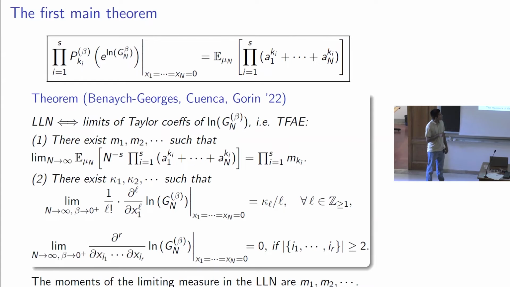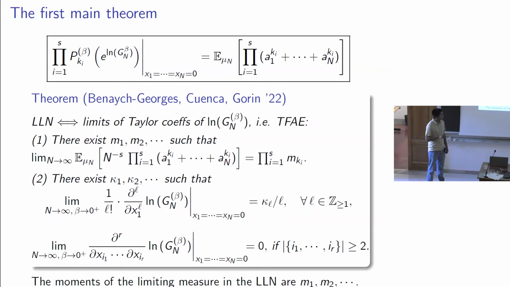What's here are the moments of the empirical measure of the a_i's, and these converge to some products of variables m's, which are finite. The m's will be the moments of the limiting measure. Those are the formulas that I gave you for the particular example. But this law of large numbers is equivalent to some convergence of the Taylor coefficients of the logarithm of the beta Fourier transform.